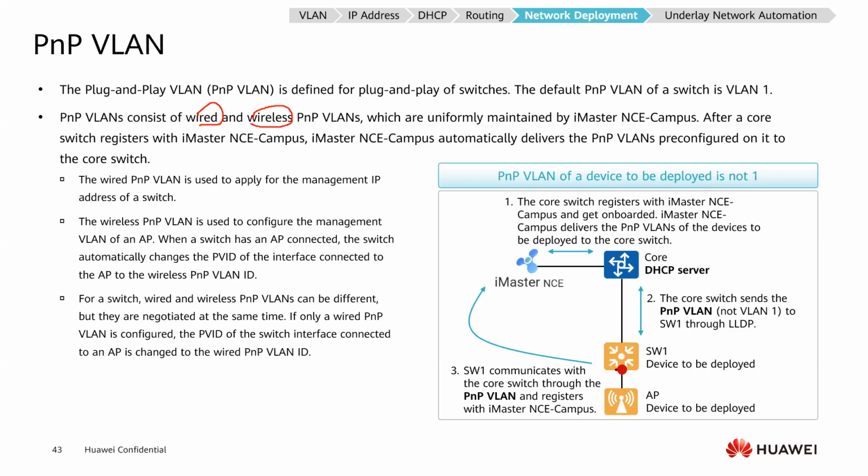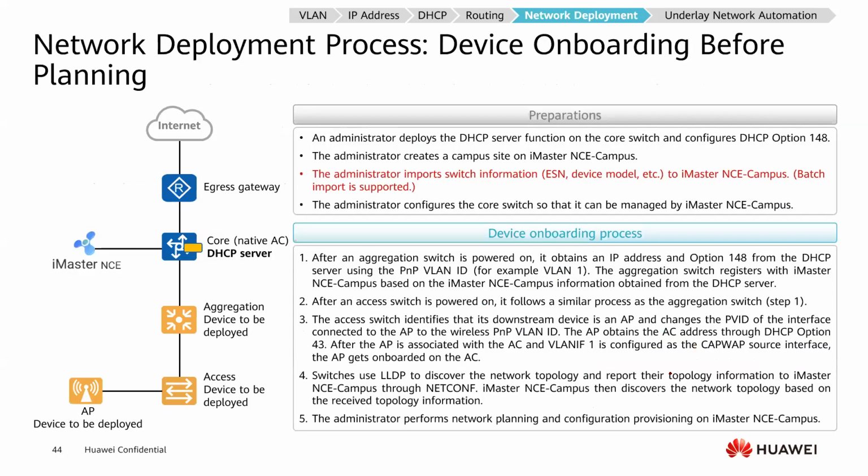And for the wireless PNP VLAN, when the switch detects that the connected device is an AP, it will change the interface PVID to the wireless PNP VLAN. So this is the function of the PNP VLAN.